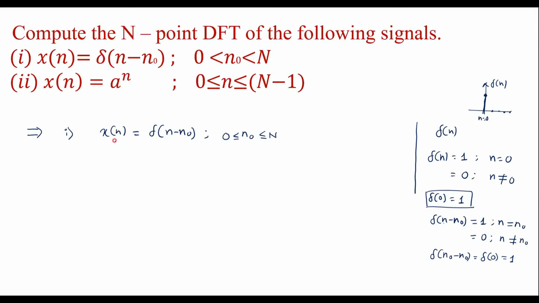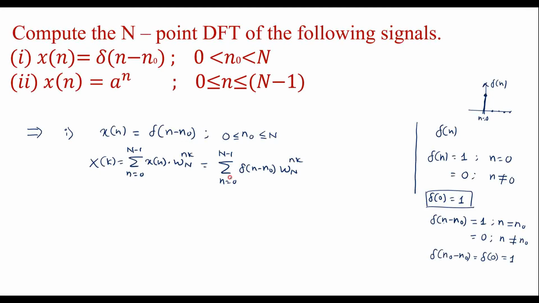So we'll compute the DFT of x(n). We know that the DFT of any discrete sequence x(n) is given by X(k) equal to the summation from n equal to 0 to N minus 1 of x(n) W_N to the power nk. Here x(n) is given as delta(n minus n0), so X(k) is the summation from n equal to 0 to N minus 1 of delta(n minus n0) W_N to the power nk.